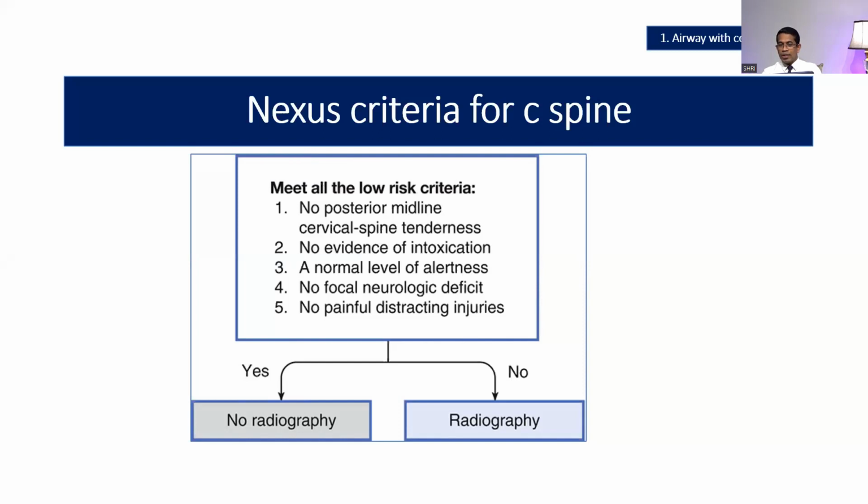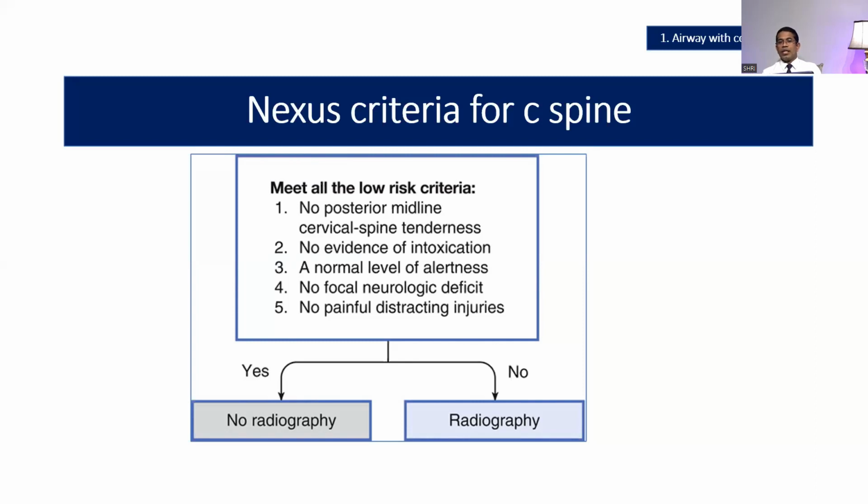If those 5 are not there, then you can say this patient does not have a cervical spine injury. But make sure before that you ask the patient to do 45-degree left and right, up and down movements and see whether there is any tenderness over the cervical spine. If there is not, then it is clinically cleared.